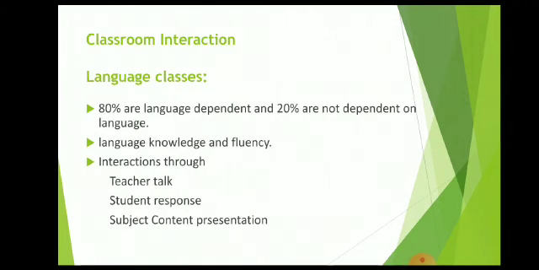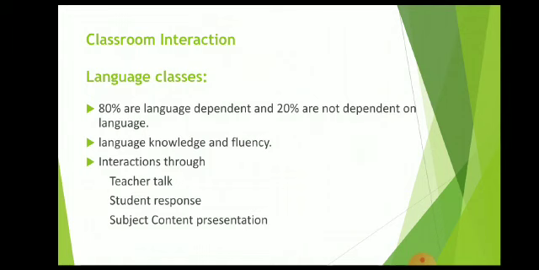Next, what is language classes? So how does the classroom interaction take place in the language classes? In language classes, 80% of the classroom interaction is language dependent and only 20% is independent of the language. Here the teacher presents the subject content in the second language teaching classrooms.